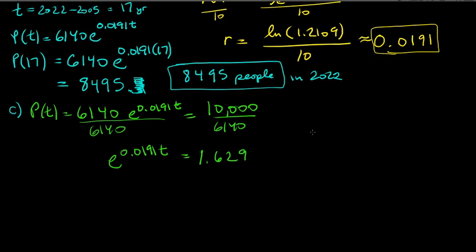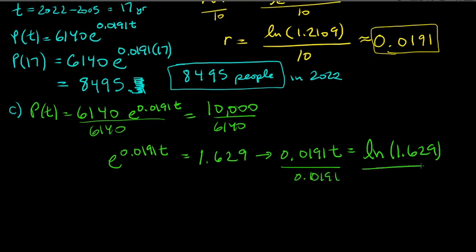Okay, so now converting this to a logarithm, right? The exponent 0.0191 times t is going to be log base e, or natural log, of 1.629, right? And then just divide by the decimal 0.0191. So that gives me a t.